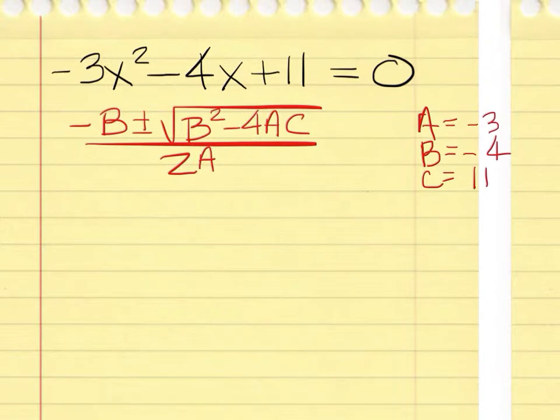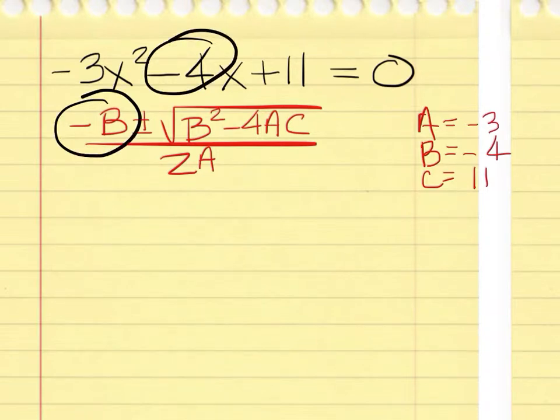Now, what must I do with A, B, and C? That goes to Deerfield. What do I do with A, B, and C, Bailey? Fill in the formula, yeah. So here we go. I have a negative B already in the formula. B is -4.